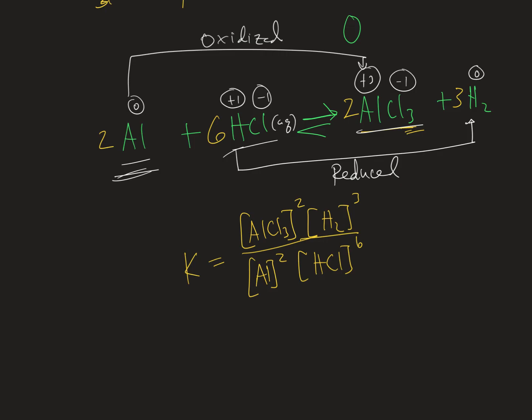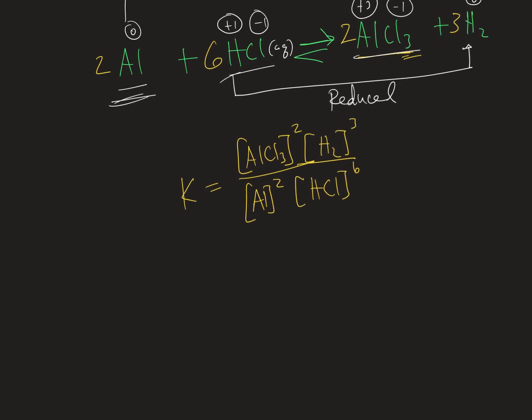Can we calculate it if we have numbers? Do you want to? Yeah. Okay. So let's say AlCl3, should we make it easy or hard? Give us small numbers. Okay. This concentration is 0.1. This concentration is 0.3.